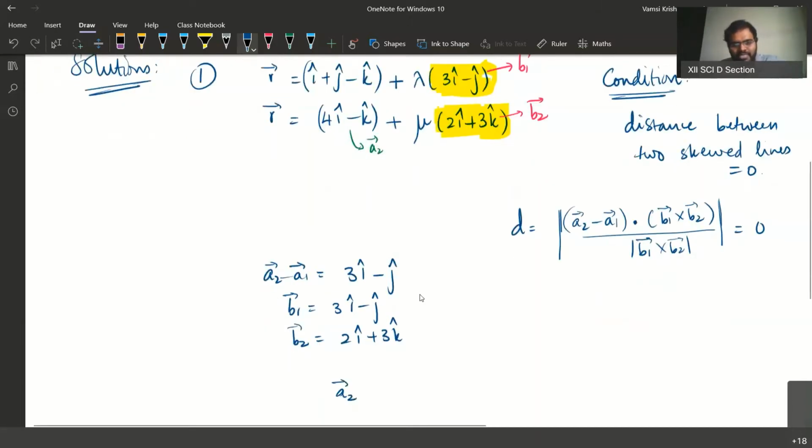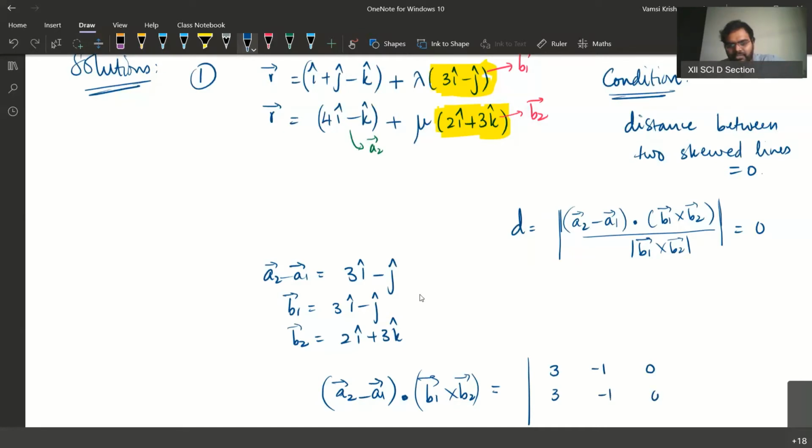You have to see a2 minus a1 dot product with b1 cross b2. And that's given by the determinant: 3 minus 1, 0, and then 3, minus 1, 0, and 2, 0, and 3. Right here, the first row is the components of a2 minus a1.